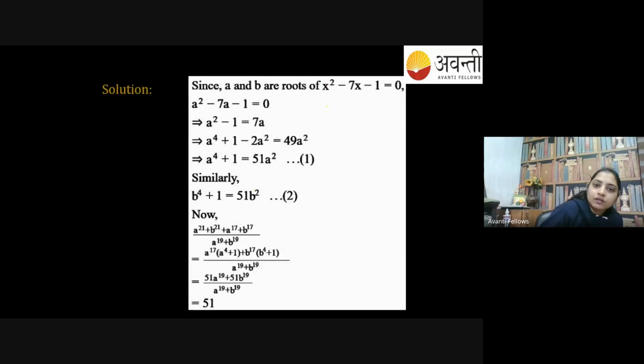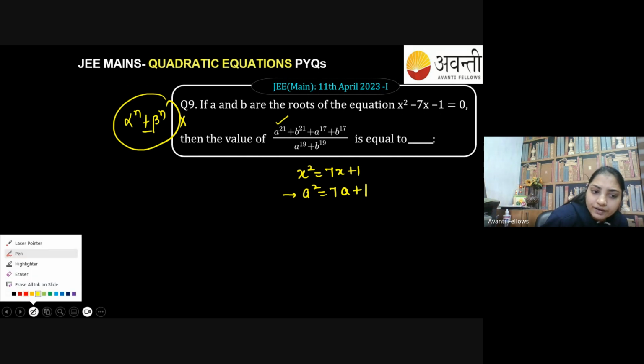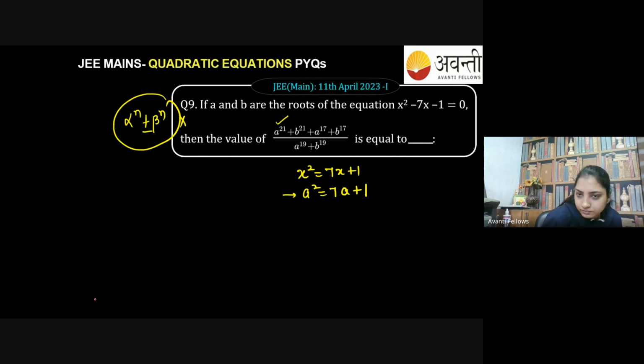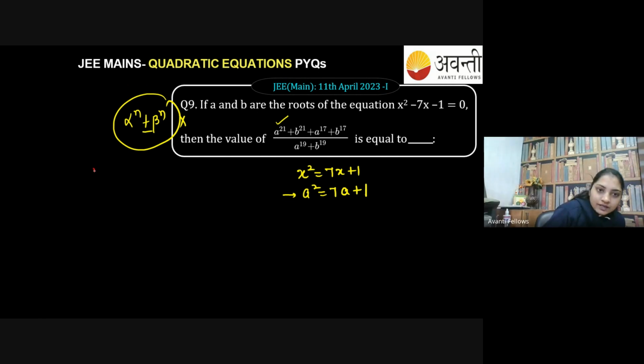See, you got to know how to find it. If you just multiply a raised to power 19, I guess you will not be able to find the exact value, right? So what I can do is rewrite it as a square minus 1 is equal to 7a. Squaring on both sides, it will give me a raised to power 4 plus 1 minus 2a square is equal to 49a square.